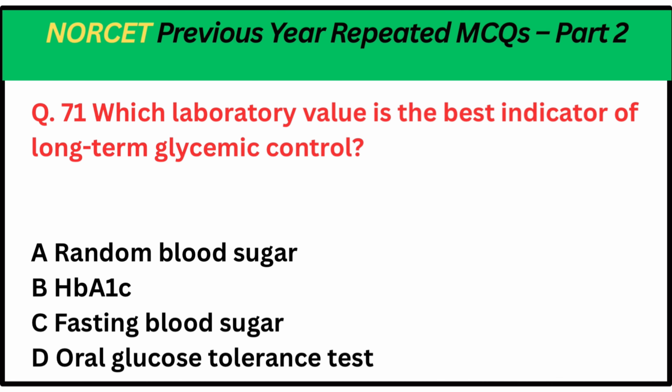Which laboratory value is the best indicator of long-term glycemic control? Your correct option is option B, HbA1c. Moving to the next one, question number 72.